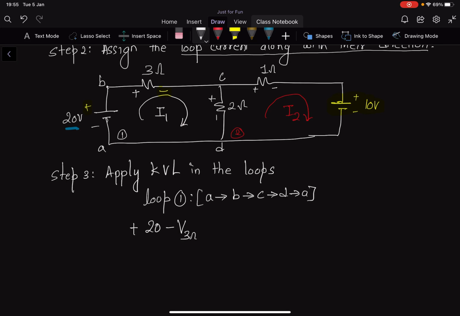And then again, I see the 2 ohm there, which is also minus, which is the voltage of 2 ohm. And then from D to A, no resistor, no voltage source, and that's going back to A, that must equal 0, right?